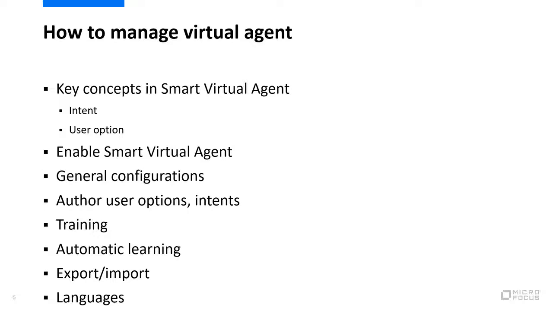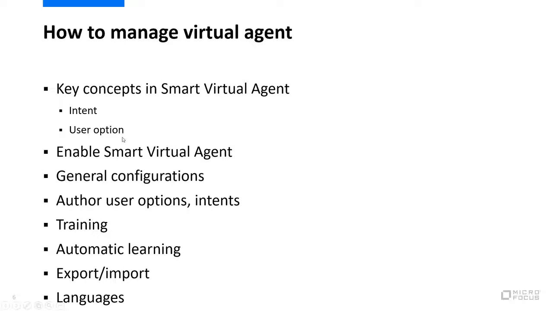The user wants to talk to the chatbot or the virtual agent when they meet some IT related difficulty or issues, and they log into the service portal and chat with the virtual agent, and the purpose of their chat activities. So we try to abstract this kind of thing as intent.